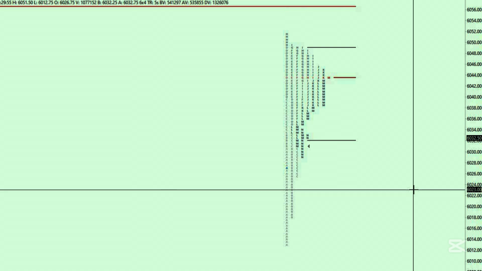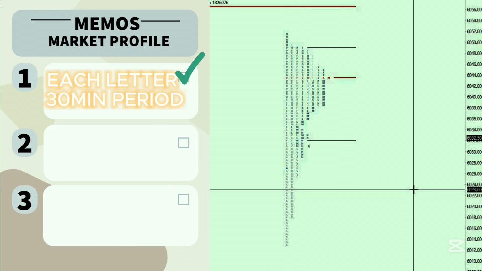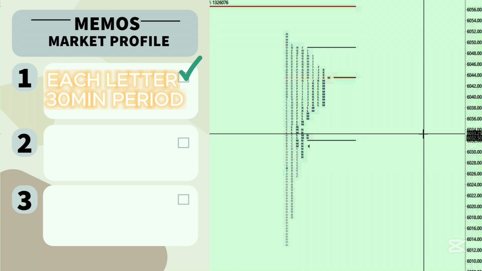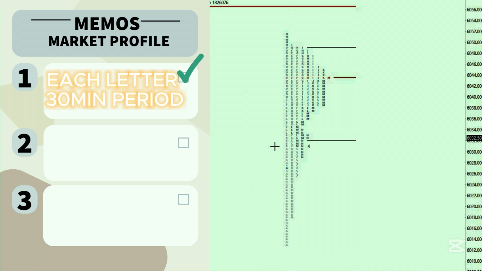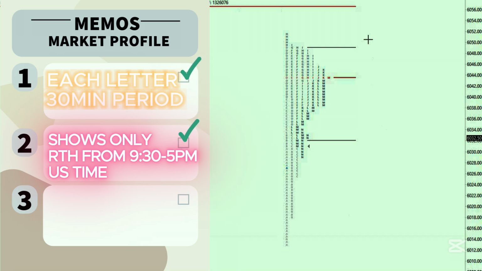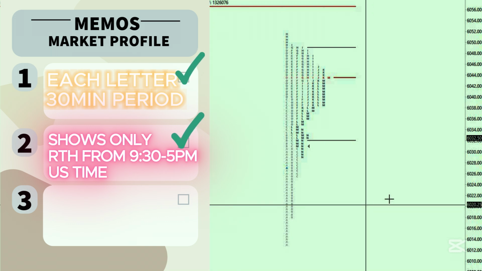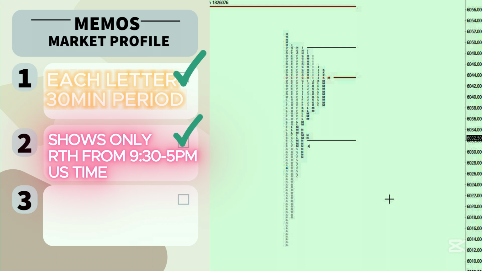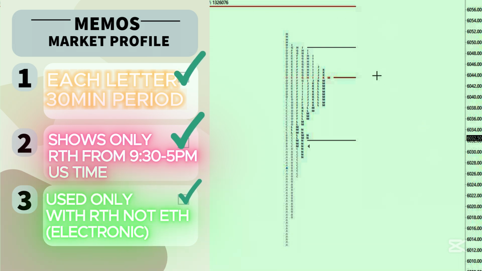These letters represent 30-minute periods until the close. But just for the record, this market profile only shows the regular trading hours, which is the opening of E-mini S&P 500. It's best to use this market profile only on RTH, because if you use it on electronic trading hours, it could be double the size of this day.